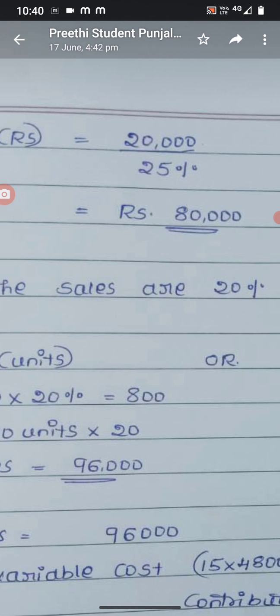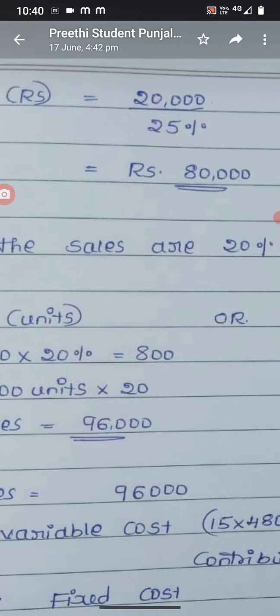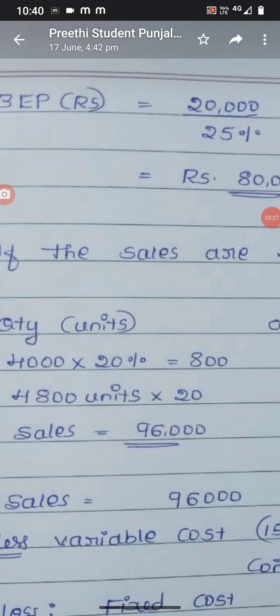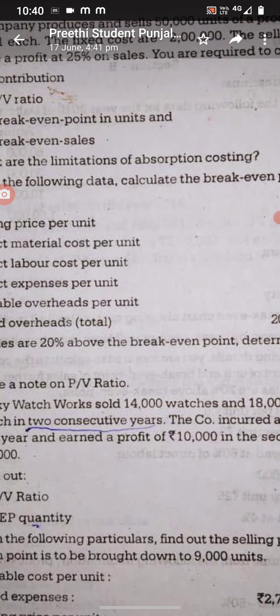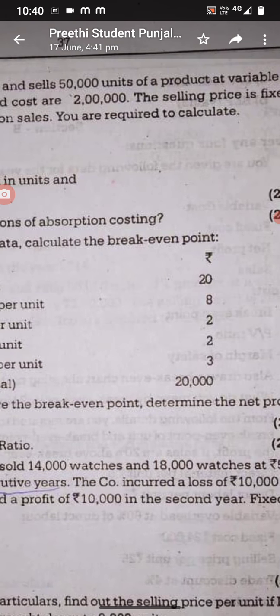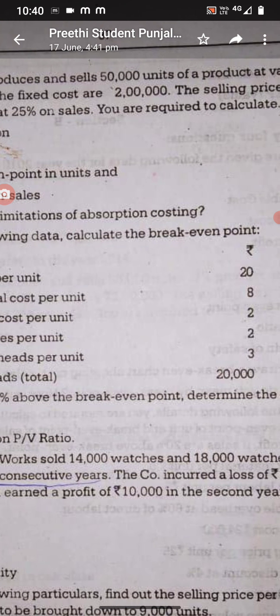Now they have also told us to find out what is asked. We will look into the problem. Here they have calculated the break-even point. You could have gone for just break-even units or break-even sales, but nothing is given in the problem clearly whether you have to calculate sales or units.